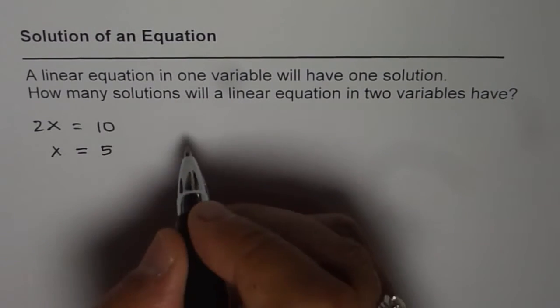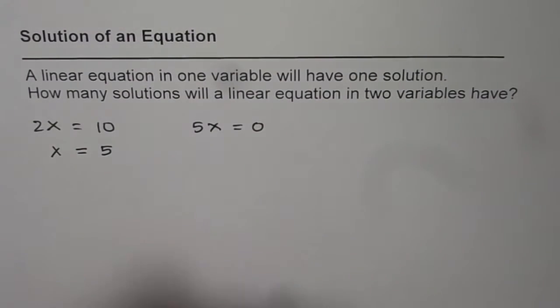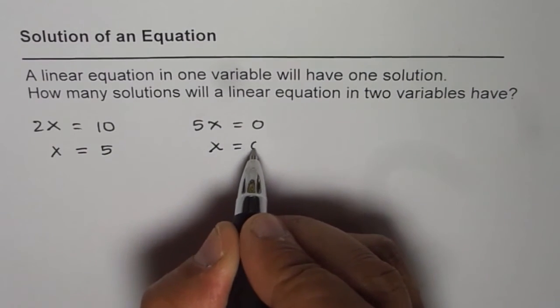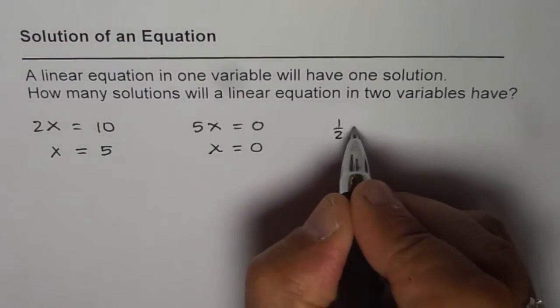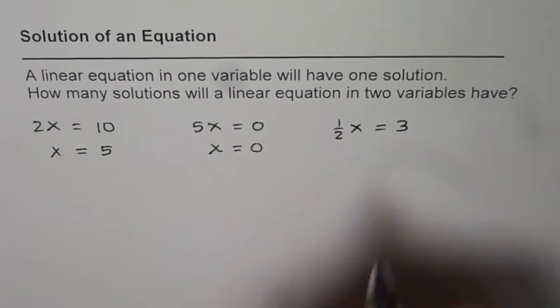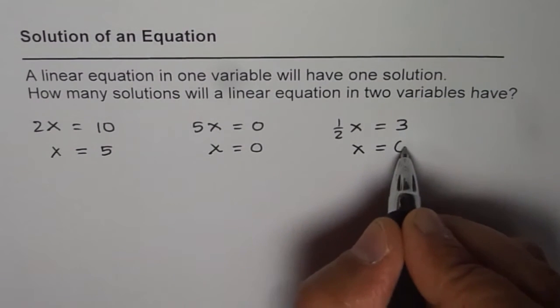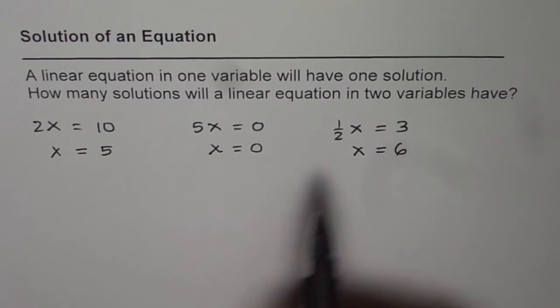Now let's have an example like 5x equals 0. In this case, we can divide by 5 and we get x equals 0 as our solution, correct? Well, we could have half x equals 3, for example. Here the solution is x equals 6. If I put x as 6, 6 divided by 2 is 3.